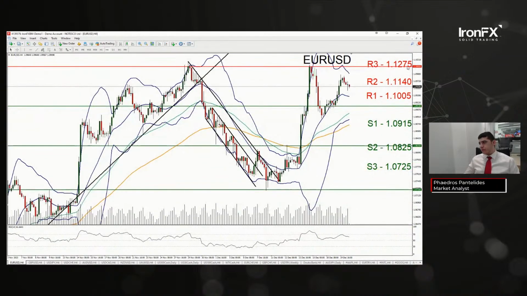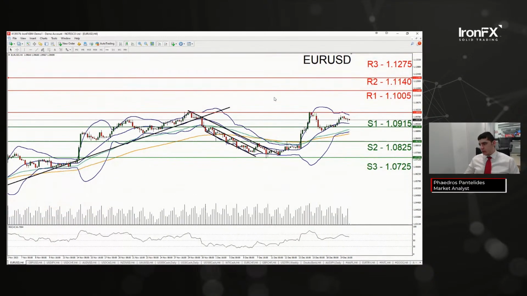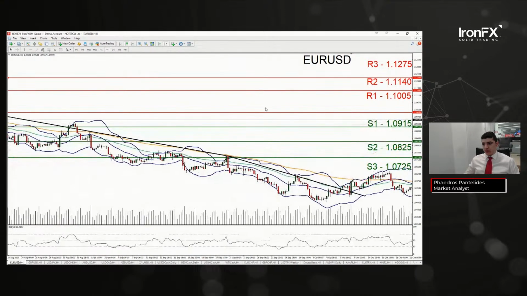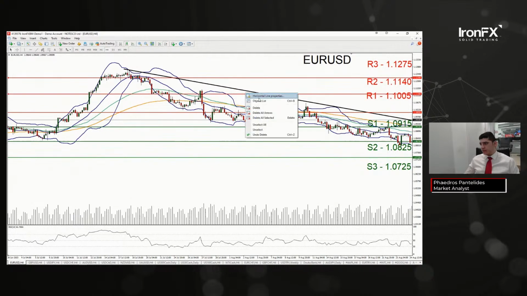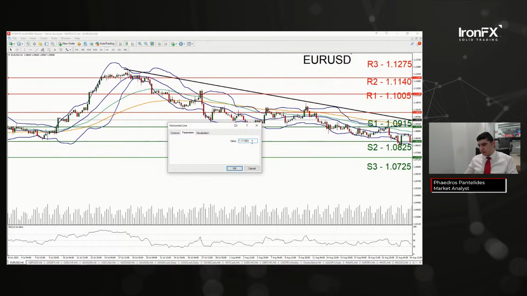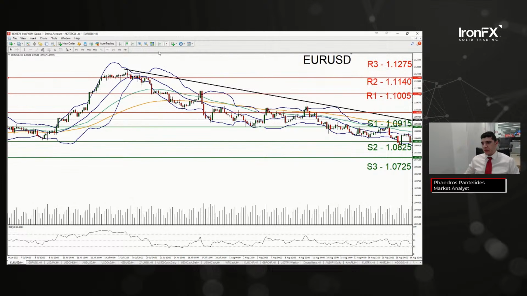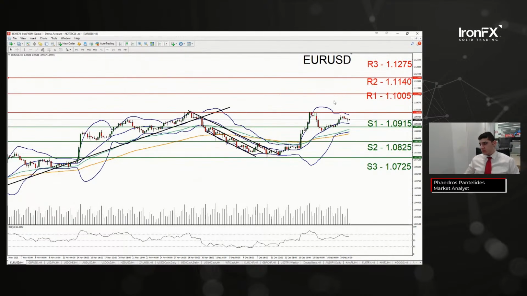Now, the distance between R1 and R2 is significant compared to our support levels. So it'd be better if we could potentially bring resistance down to 1.1120, and then we can keep R3 much better.